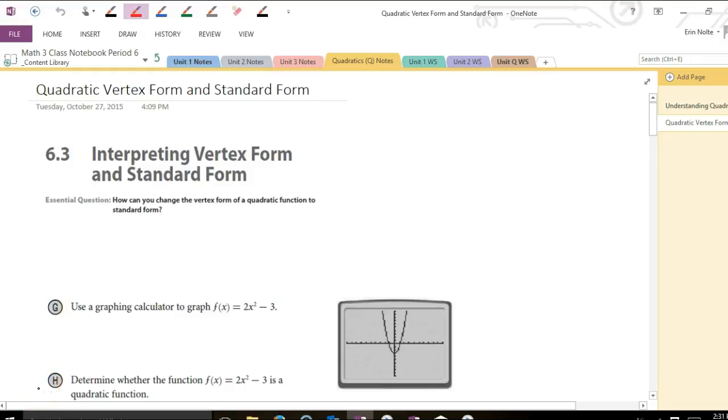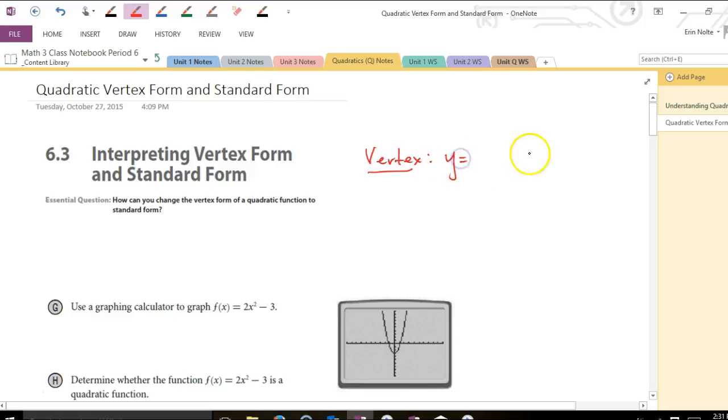Alright, so this section is going to be over converting between vertex and standard form. On the last day we were together, we went over vertex form, right? Who remembers what vertex form looks like?